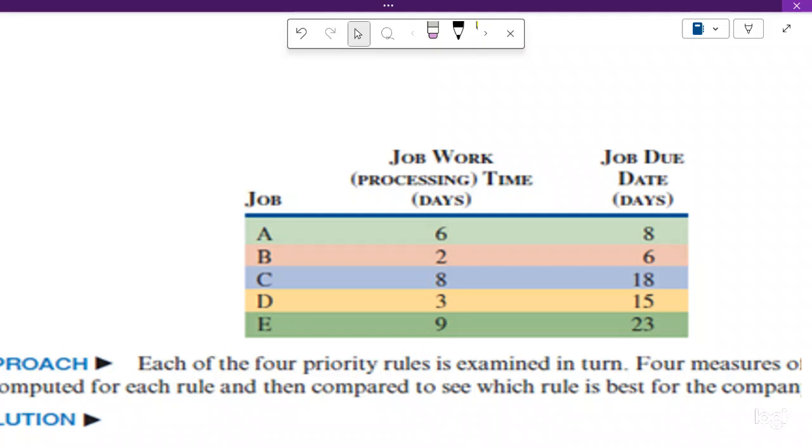Because we want to pass test 2, all of us. Again, I'm targeting at 80% pass rate for test 2.